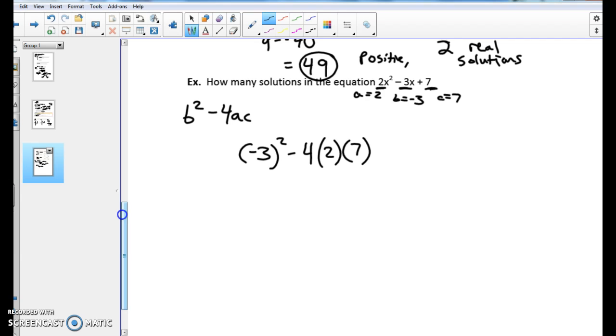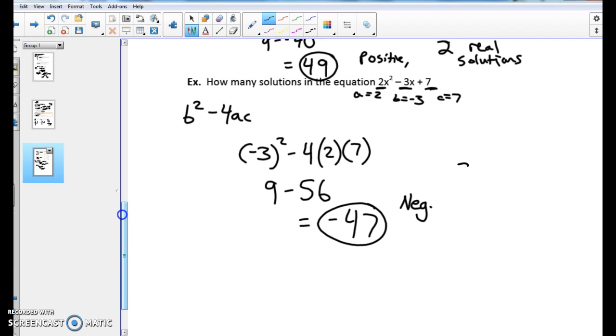Negative 3 squared is 9. Minus 4 times 2 is 8. And 8 times 7 is 56. 9 minus 56 equals negative 47. So it's negative. Again, who cares if it's negative 47 or negative 5 billion? The fact is it's negative, which means there are 0 real solutions.